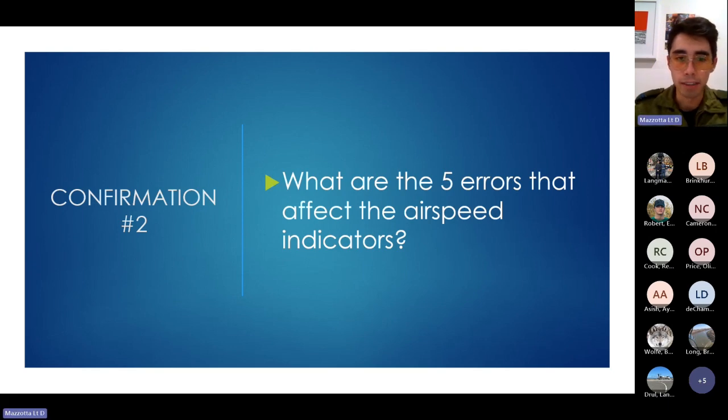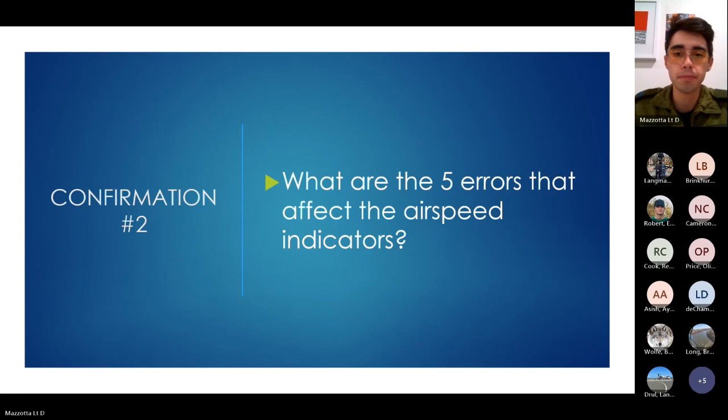What are the 5 errors that affect the airspeed indicator? Yep, position error is one of them.